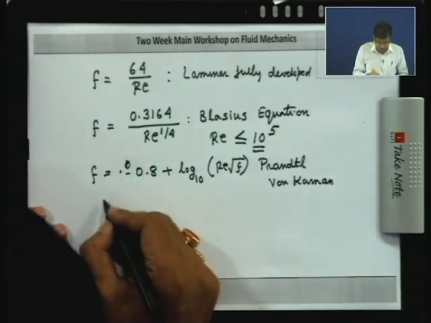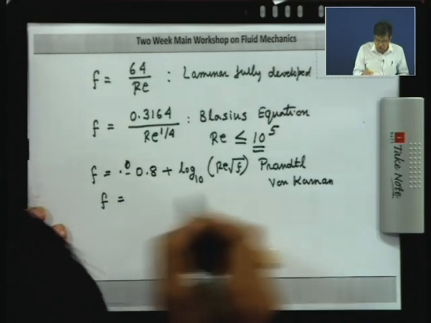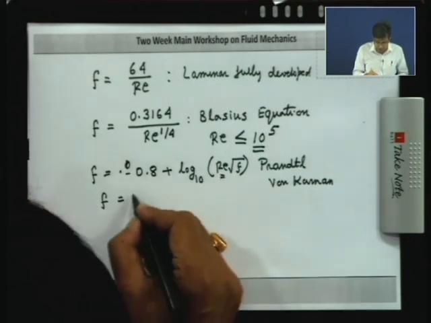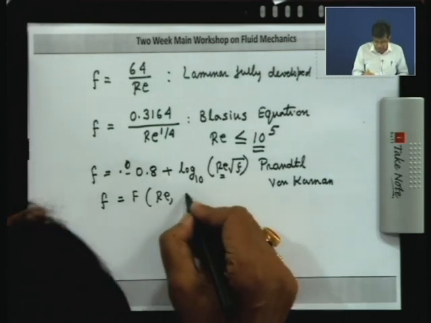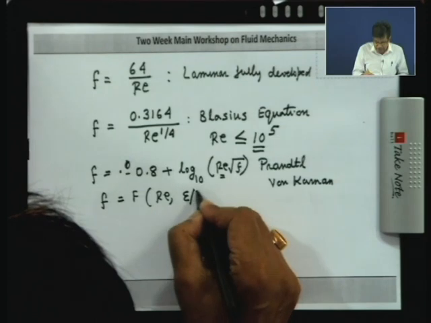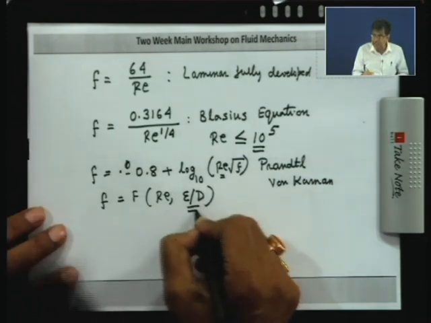So it was expected that F is not only a function of Reynolds number but also of the surface roughness, expressed as some mean surface roughness divided by the diameter. This is known as relative surface roughness.